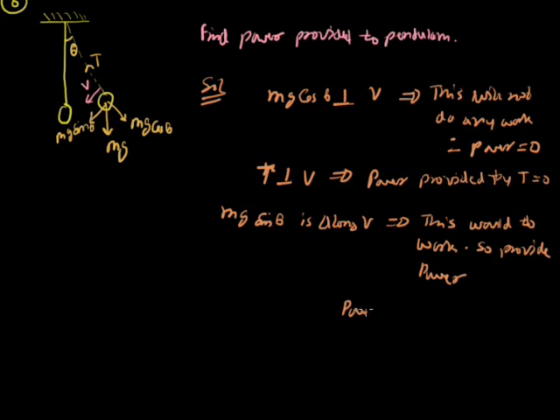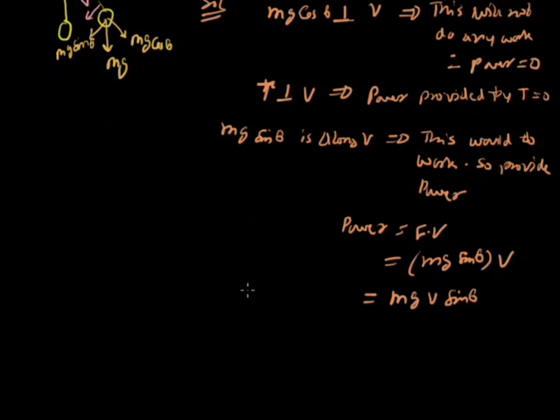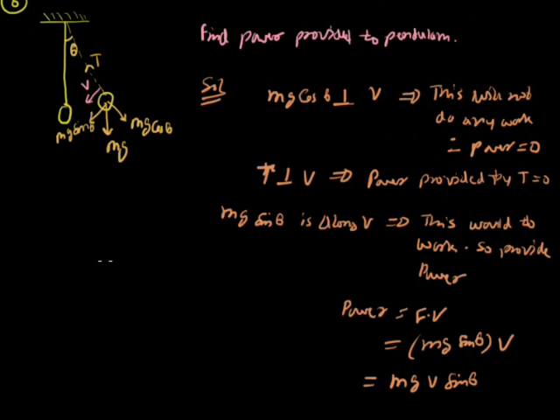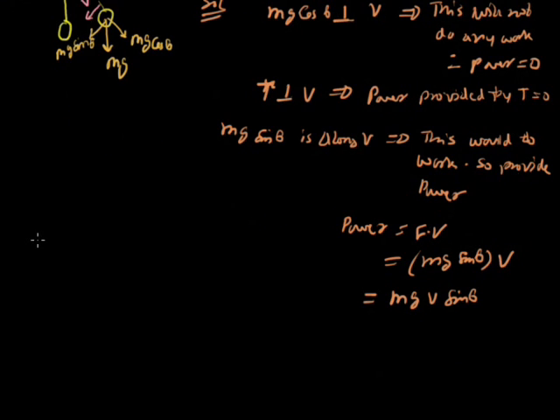Power will be simply F into V, which would be mg sin theta into V. So the power is mgv sin theta. This is a simple conceptual question, not much calculation in this. It's a good question.